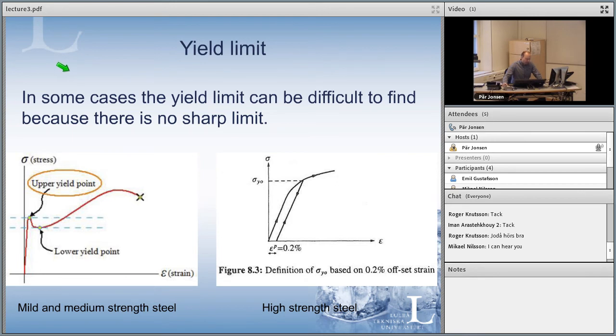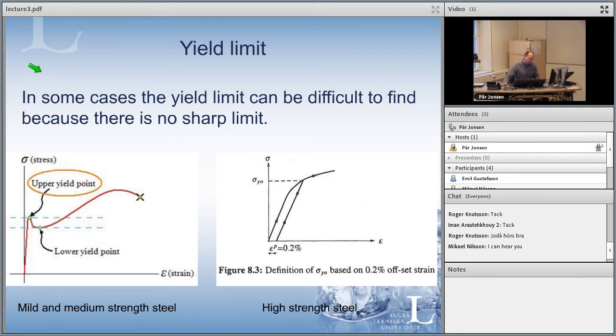You have an upper yield point and a lower yield point. These come from the slip bands in the steel. Because initially when you reach the limit, you slip a little bit between the metallic layers, and then the stresses go down, if you look globally at the test, and then you increase the load.